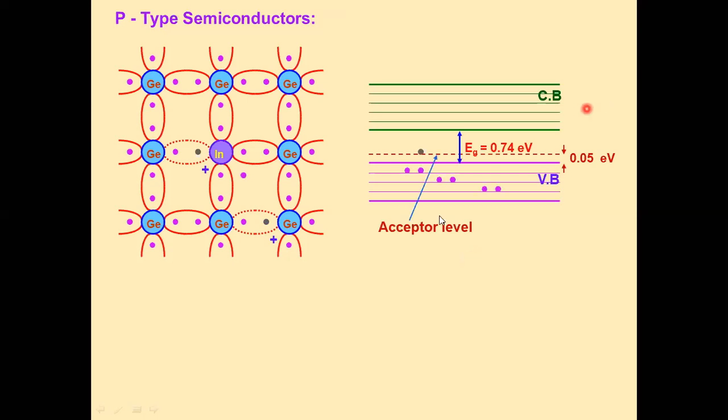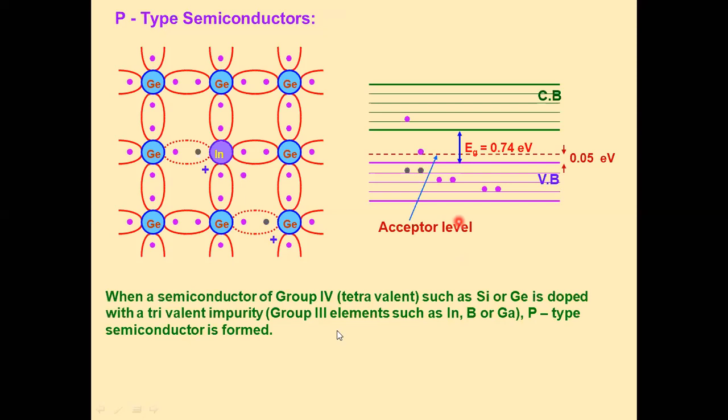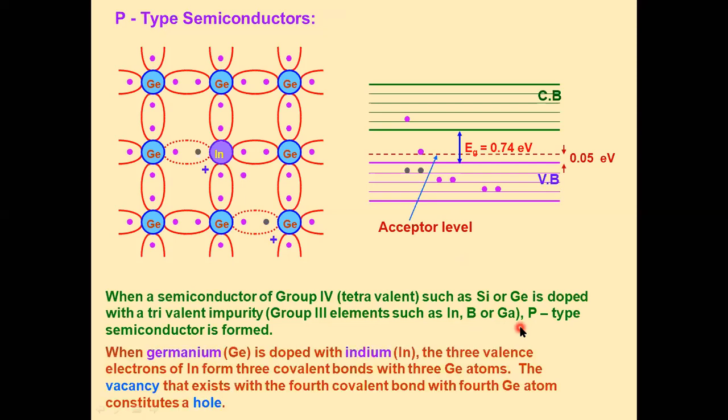So in case of P type of semiconductor, when a tetravalent element like silicon and germanium is doped with indium, boron or gallium, then the resultant semiconductor is known as P type of semiconductor. When you consider one example, germanium is doped with indium.